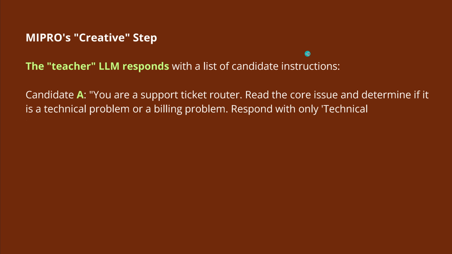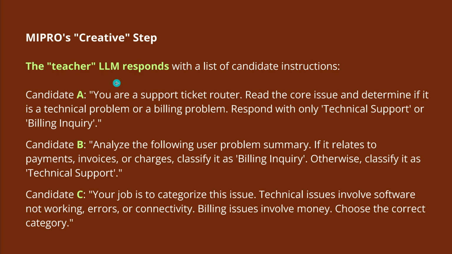And now GPT-4 comes back, or the teacher LLM responds. And what you want is a list of candidate instructions. So A, B, C, let's say, hey, you are a support ticket router. Read the core issue and determine if it's a technical problem or a billing problem. Respond with only technical support or billing inquiry. And you might say, where's the magic? This is the magic.